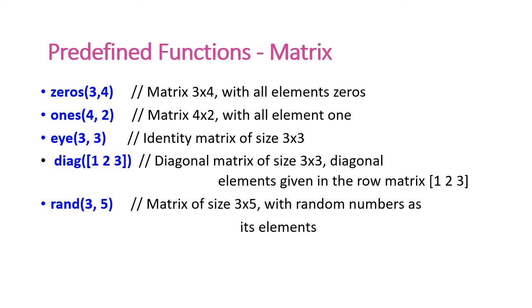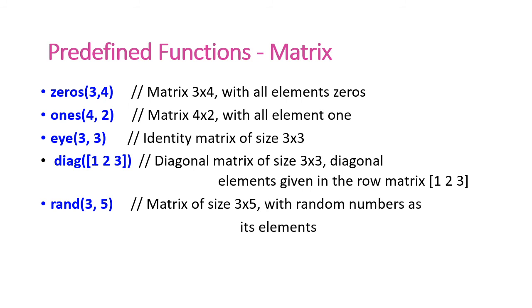A few other predefined functions with respect to matrices. If you want to generate a matrix of 0, then you have to give zeros of 3, 4. So a 3 cross 4 matrix with all elements 0 will be produced. If you want to produce a matrix with all elements 1, ones is a predefined function.